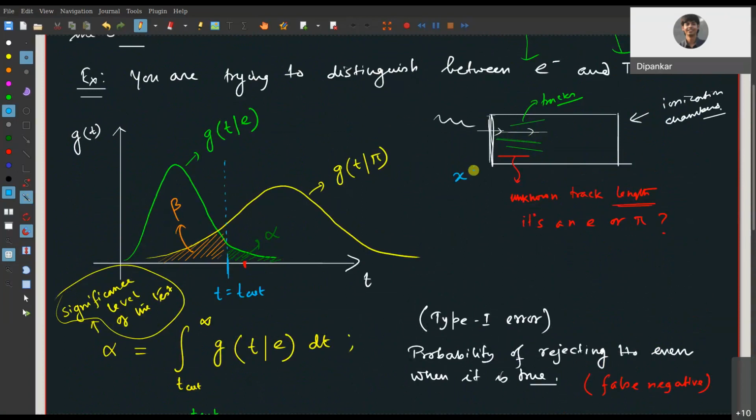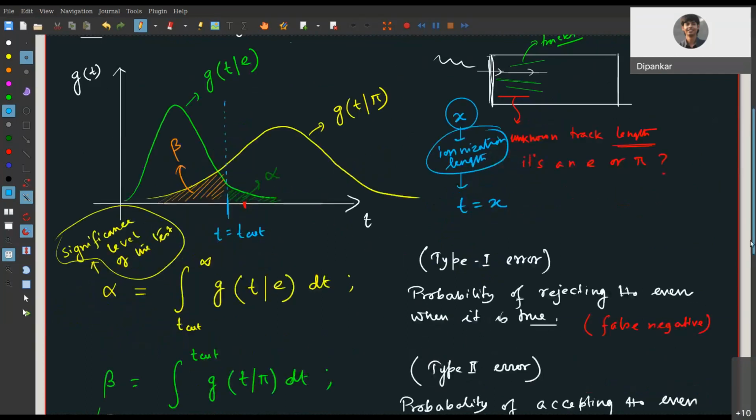So this is my ionization length. And here, basically, you are constructing this t, which is essentially x. So this is a trivial function. The t is essentially x. And in terms of this t, you have this distribution.